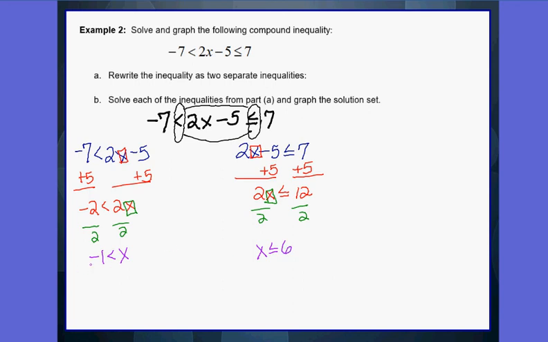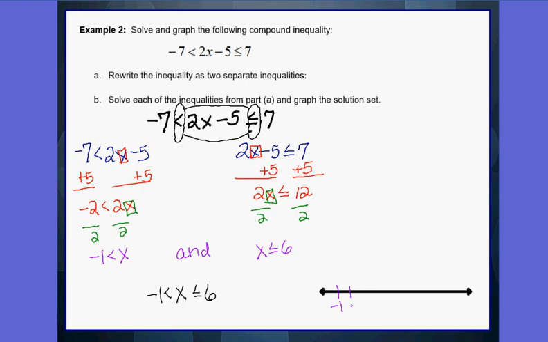So while -1 has to be smaller than x, and we have to have x be smaller than or equal to 6, we can rewrite this statement by stating -1 must be smaller than all the answers, which must be smaller than or equal to 6. It's time to graph our solution set. I have to be sure to include -1 and +6.